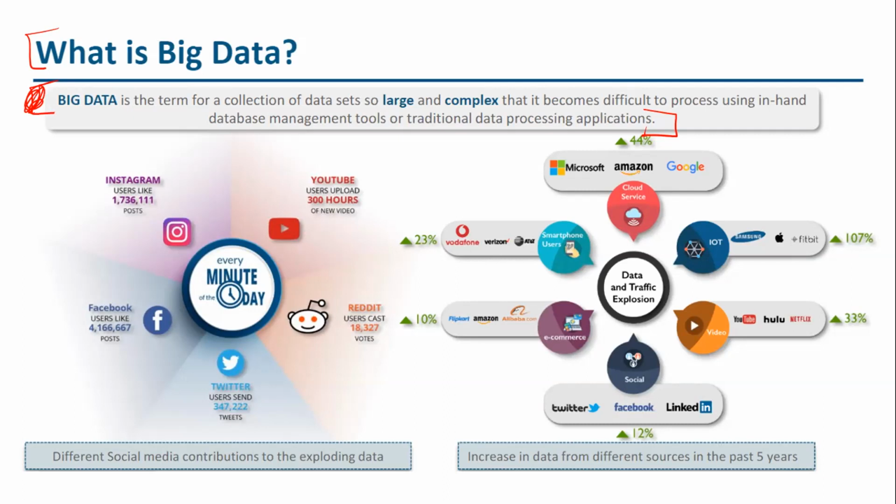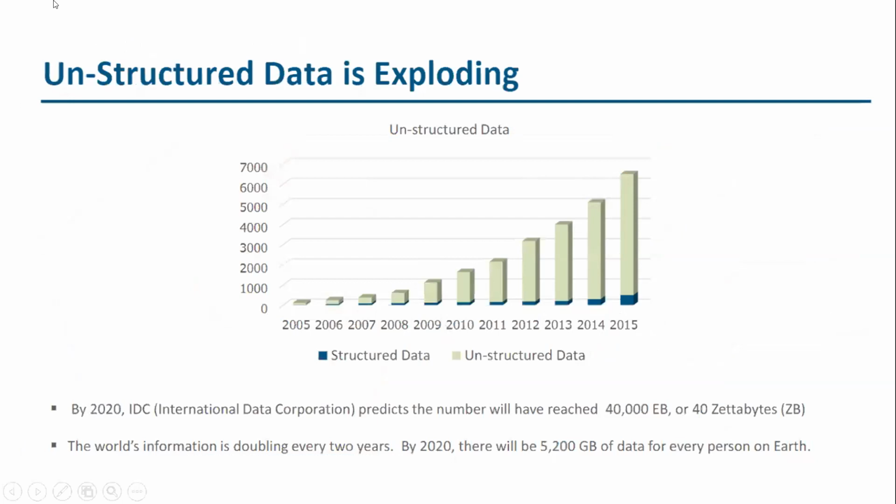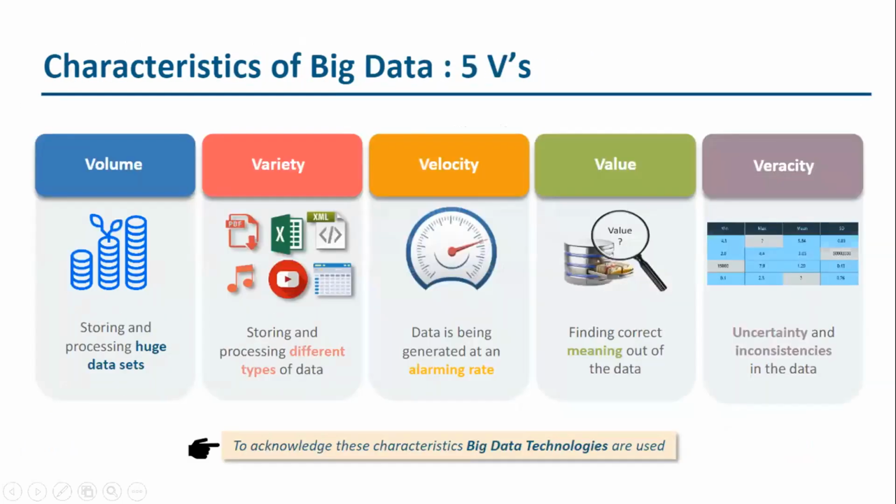I'm just changing the screen. Just write the 5 names of what it works on. Big data works on 5Vs: volume, variety, velocity, value, and veracity.